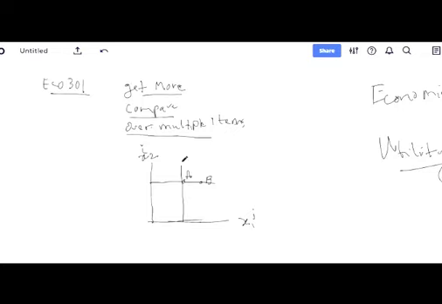Similarly, if I look at this point, utility should go up. Based on this, I'm sure you can create a set which is better than A. All of this area must be better than A because A is the lowest point.